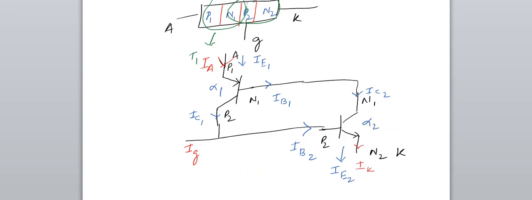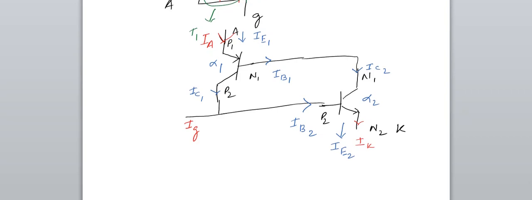If you remember the transistor equation from analog electronics, this is the prime equation: IC is equal to alpha IE plus ICBO.